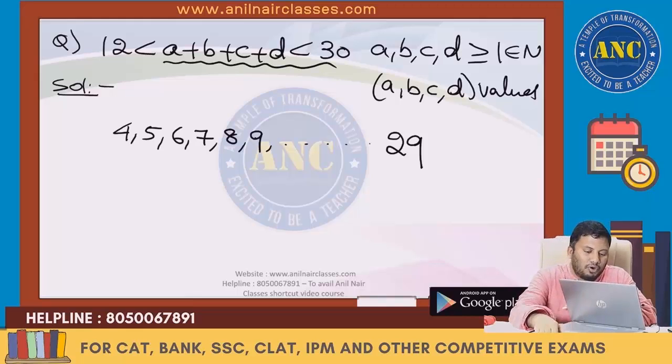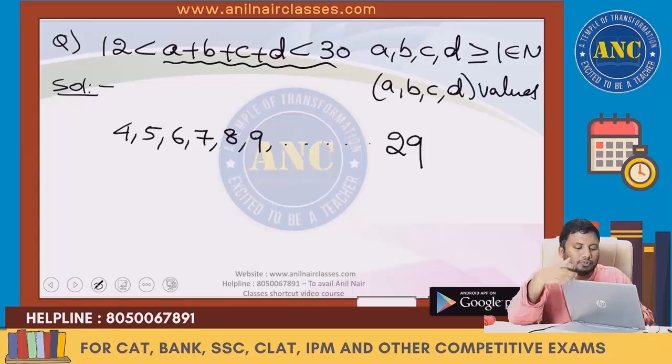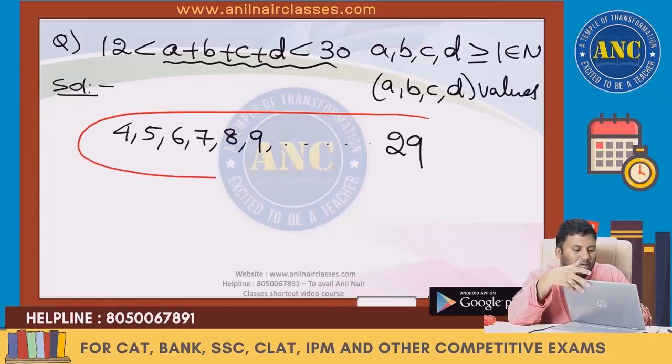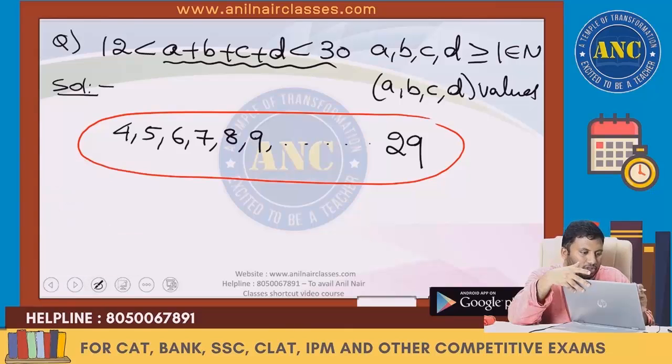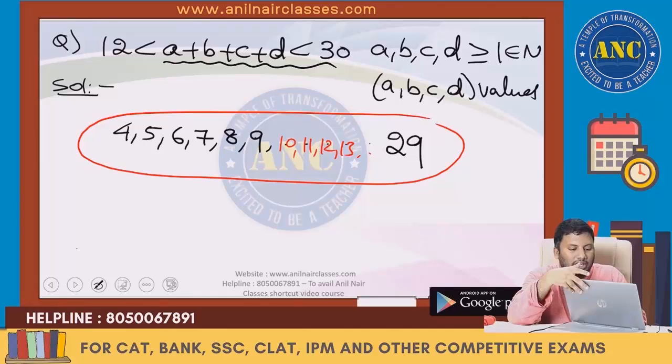First, 4 up to 29 is the total. Minus which all values we require. We will write down those values also, which are 10, 11, 12, 13, which is nothing but 13 to 29. This is the value we require.